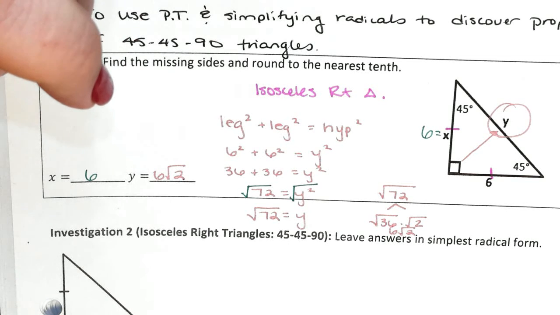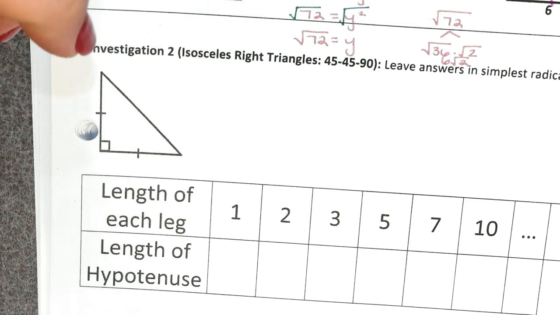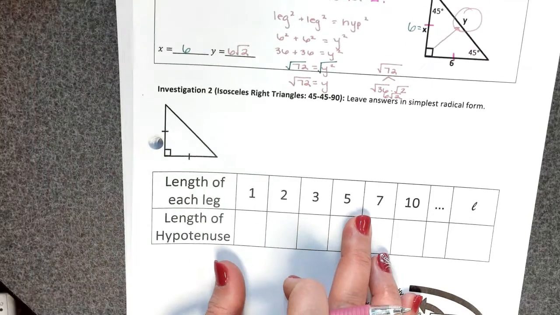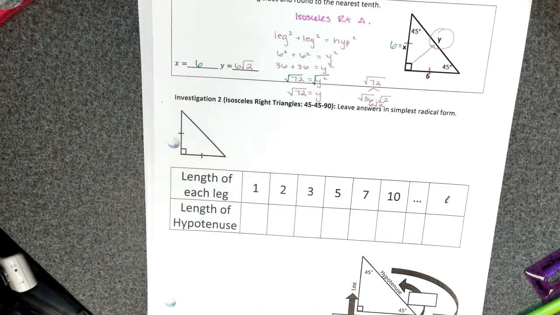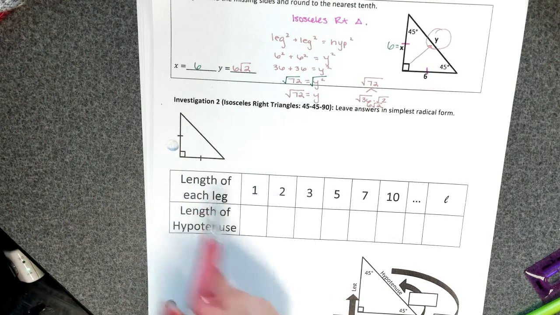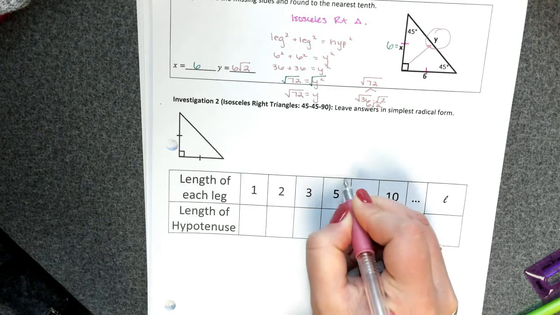Are we ready? Alright, so what you have here is, we already did 6, which it's not in our table, you'll notice. But pick another one, and let's label the right triangle. So which one you guys want to do? If the length of the leg was 6, we got 6 square roots of 2.